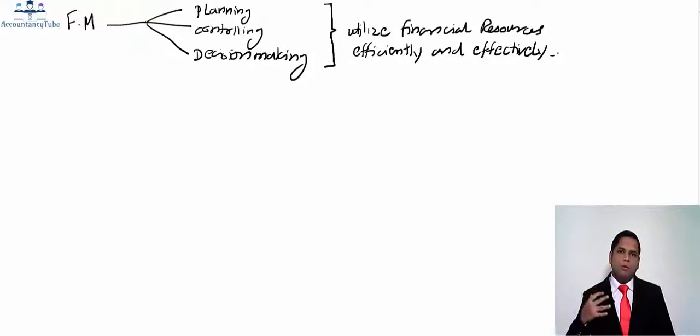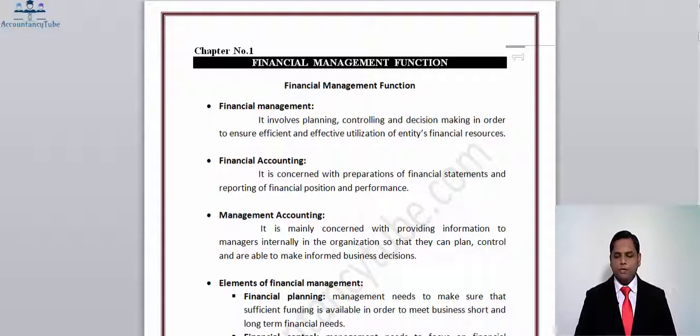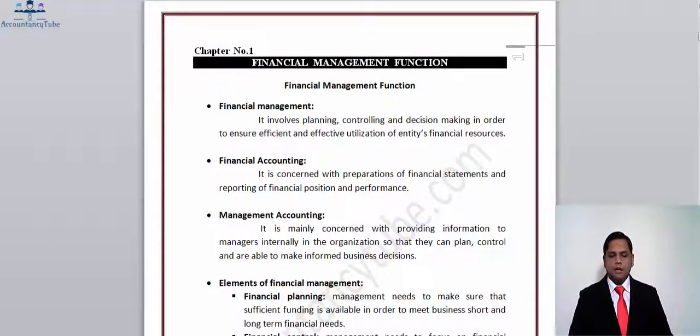Now this could be more understandable if we compare it with the definitions provided in the lecture notes of financial accounting and management accounting. So let's have a look at them. The next definition that comes is of financial accounting. Now financial accounting is concerned with preparation of financial statements and reporting of financial position and performance.